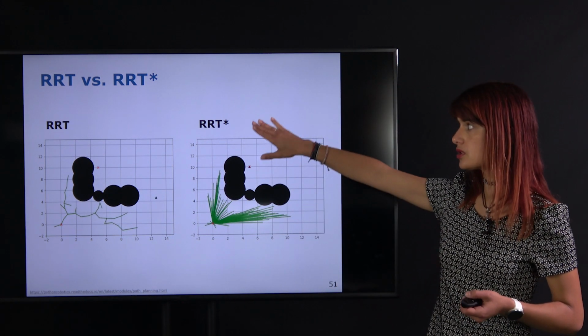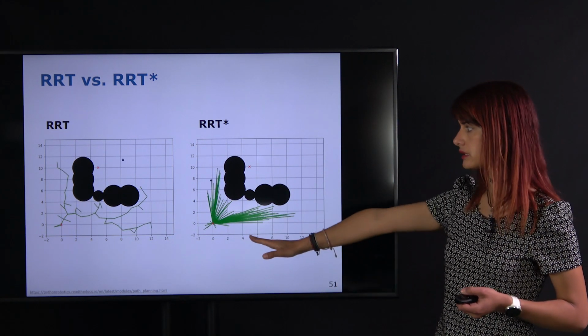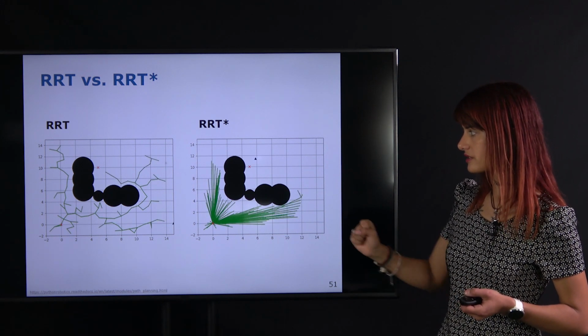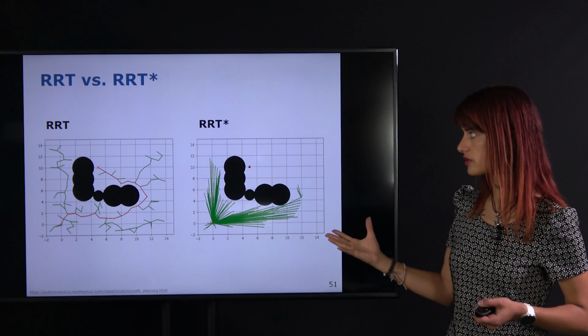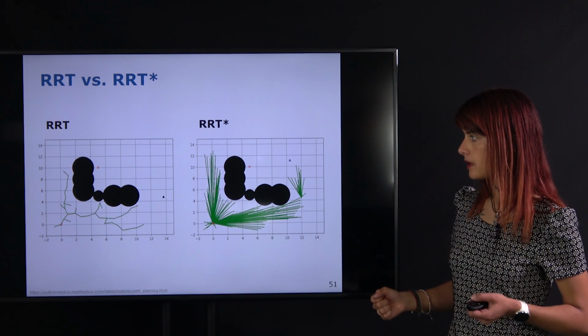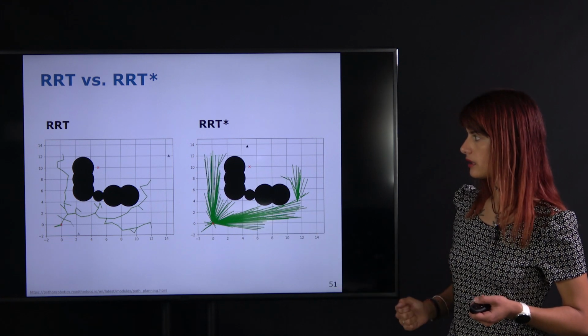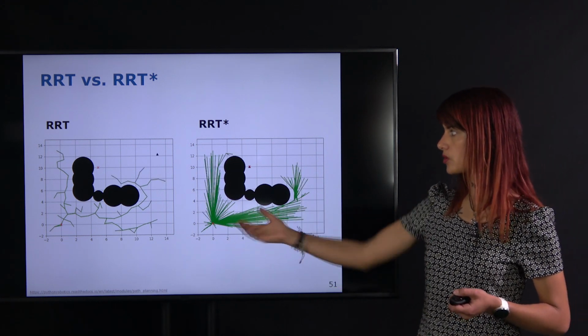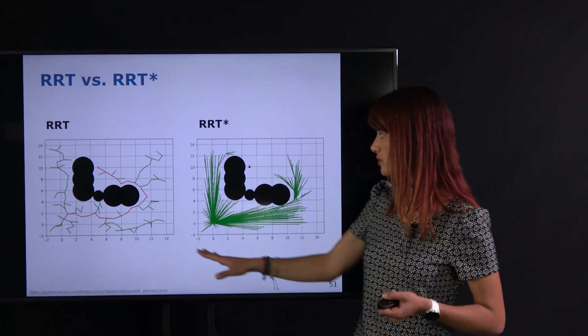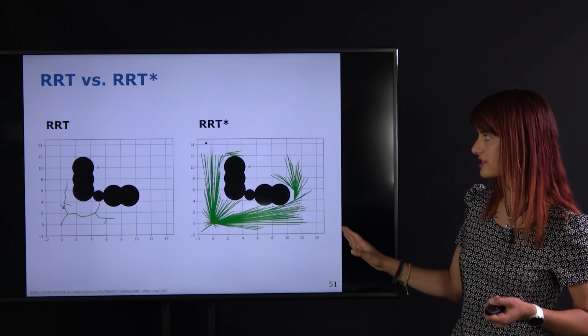And now that we know what RRT star is like, we can compare and contrast the differences in terms of the way we grow the tree and also the final solution. The RRT star takes more time to find the solution. Over here the RRT is almost done, and here we're still sampling, for example.